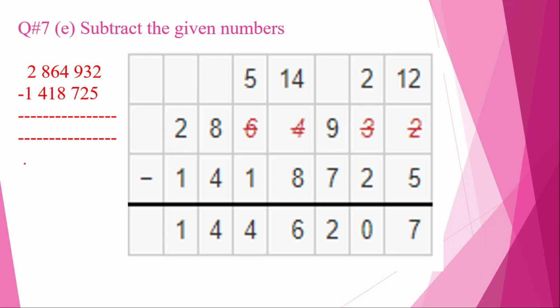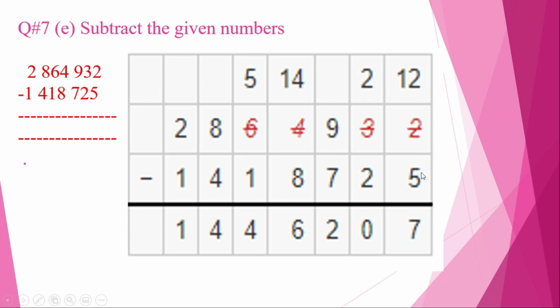Question number 7e. Subtract 1,418,725 from 2,864,932. How will we subtract? Now we start from the right side.